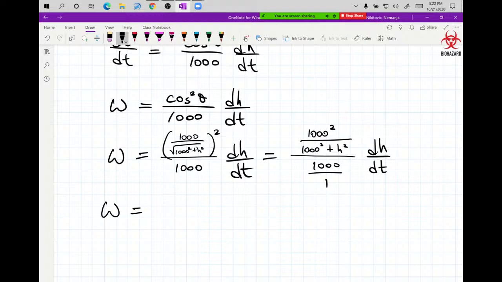So angular velocity omega is going to be, this one cancels with that, and what you get is 1,000 divided by 1,000 squared plus h squared, times dh/dt.